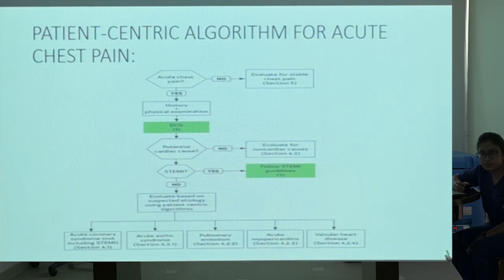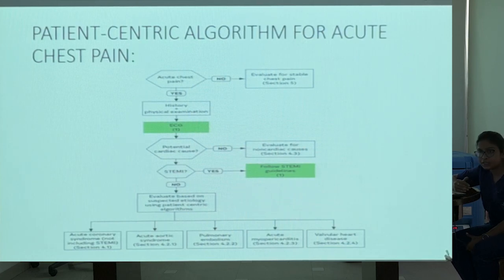This is the patient-centric algorithm for acute chest pain. If a patient presents with chest pain, firstly we should evaluate if the pain is acute or not. If the pain is acute, then we should follow the algorithm as written here.